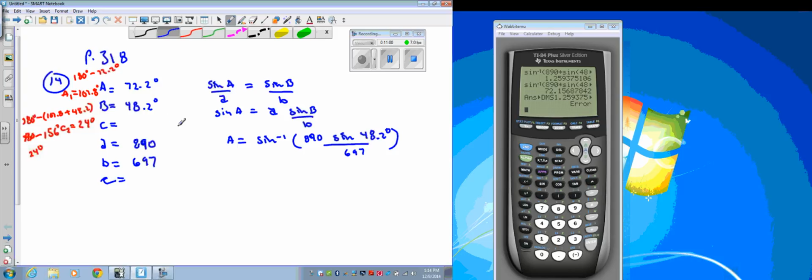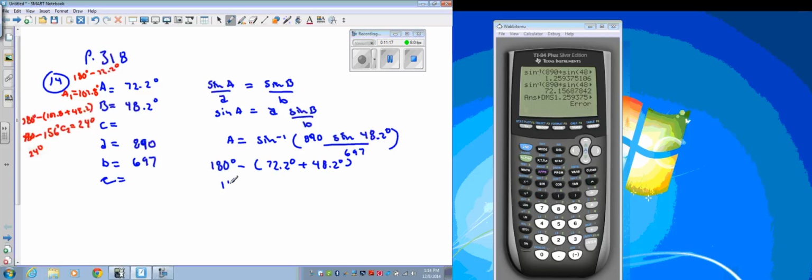Or else I could figure out what this C would be. That C is going to be 180 degrees minus the sum of these two angles, 72.2 plus 48.2.